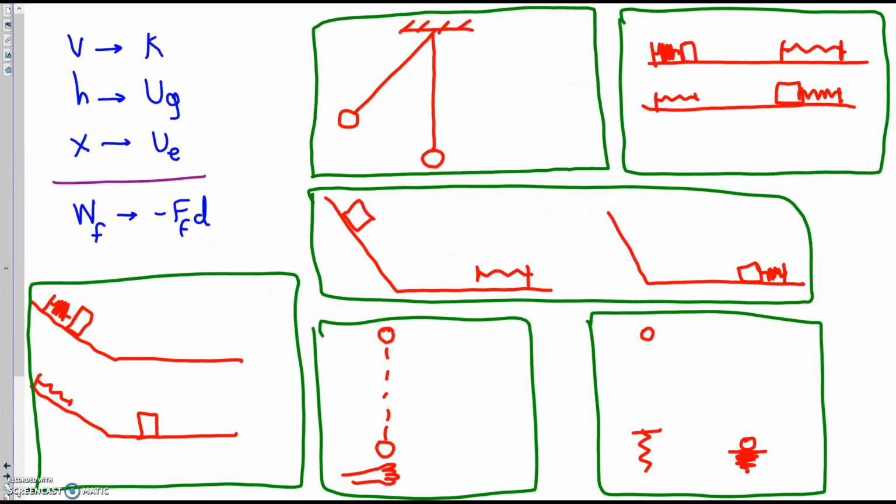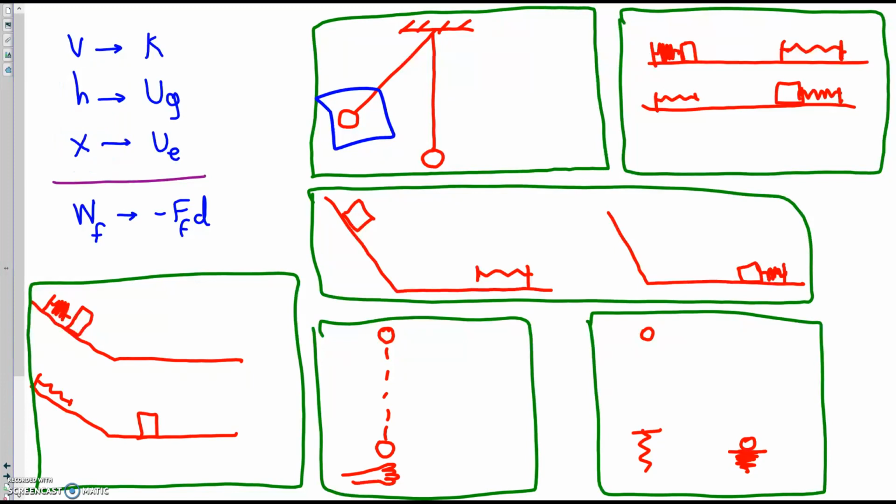So let's go through each of these scenarios. We start with a pendulum located at this height. We let it go from rest, and it swings down to the middle. We want to know how fast it's going at the bottom. At the beginning, there is no speed, it's released from rest. There is height, but there's no compression.